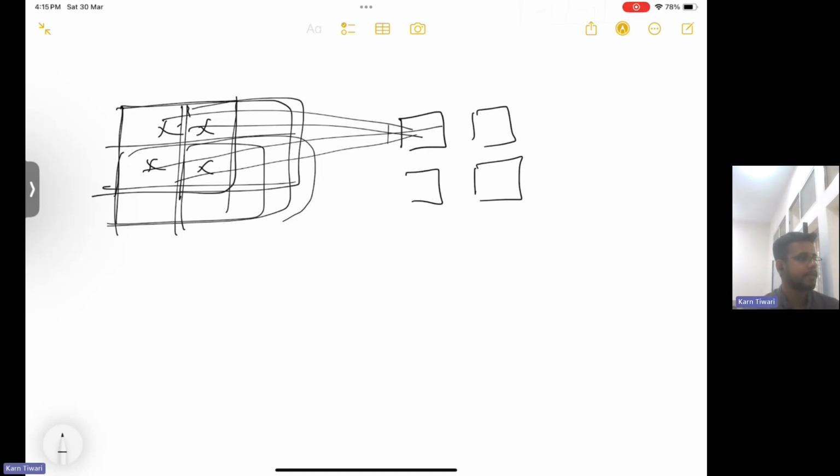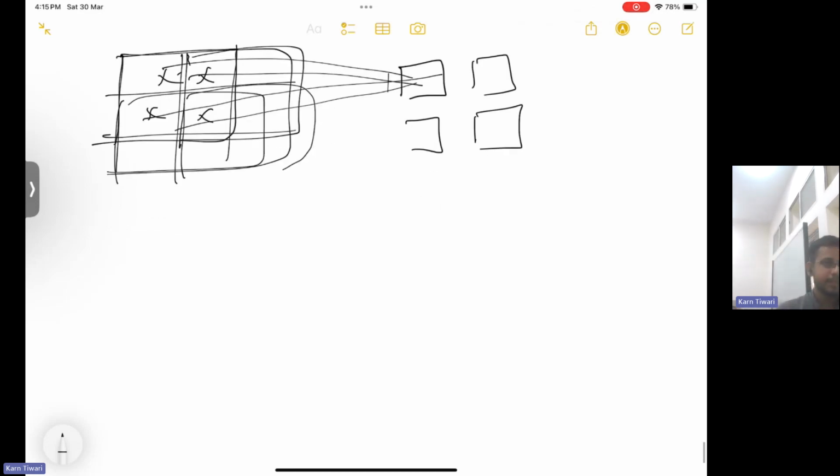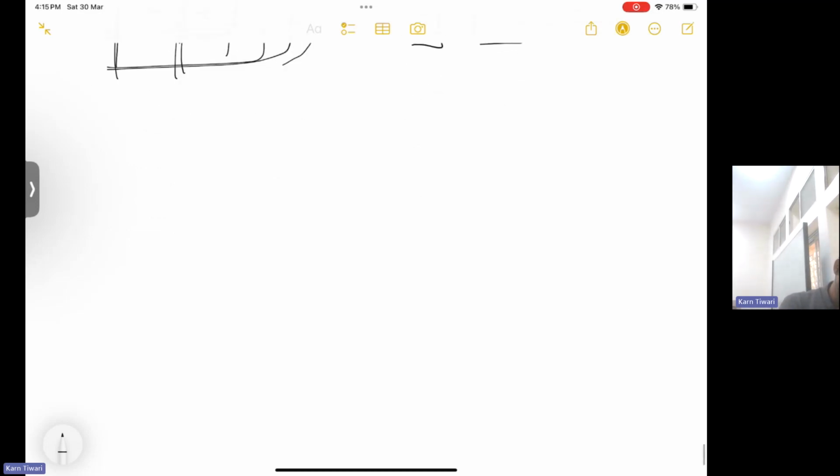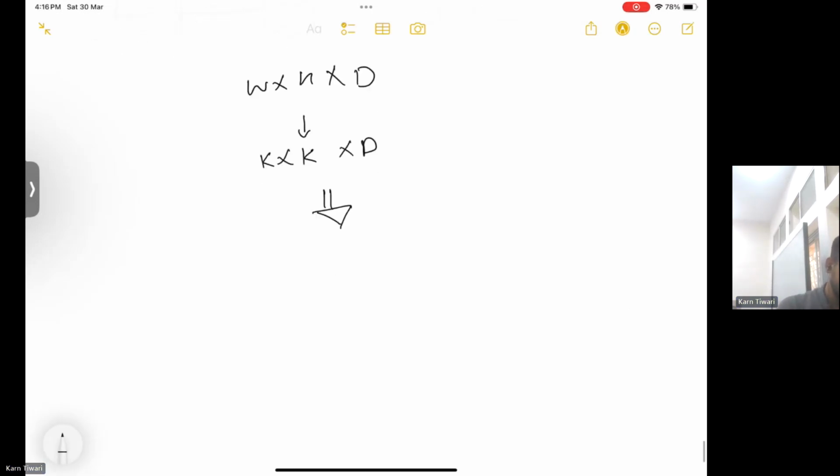So let's see one more thing which we need for the assignment. If we are given an input image of size W cross H cross D, where D is the number of channels, and I am convolving it using a filter of size K cross K cross D, I want to know what the output shape is.